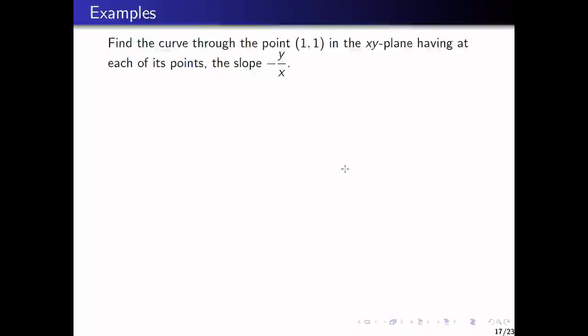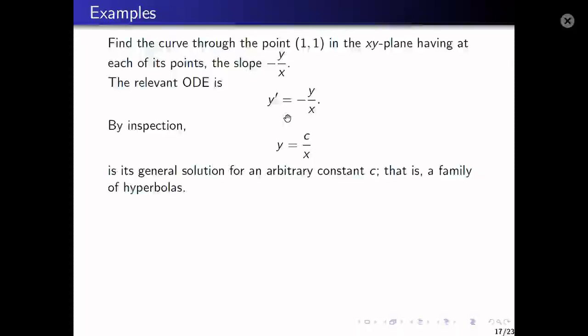So it's giving an initial condition, and it is telling us that its slope is -y/x. So this gives us a differential equation: y' = -y/x. The slope is equal to -y/x. This is the differential equation. And the initial condition is y(1) = 1. Now by inspection, this equation has a solution y = c/x.